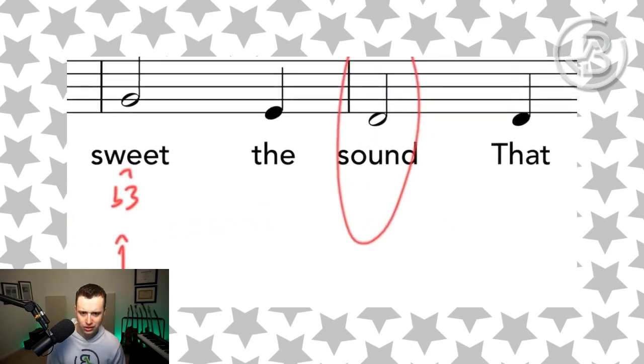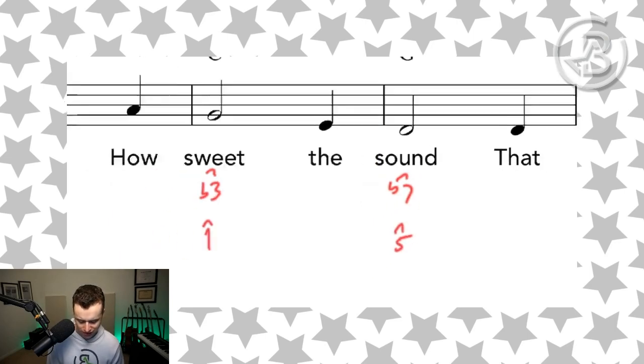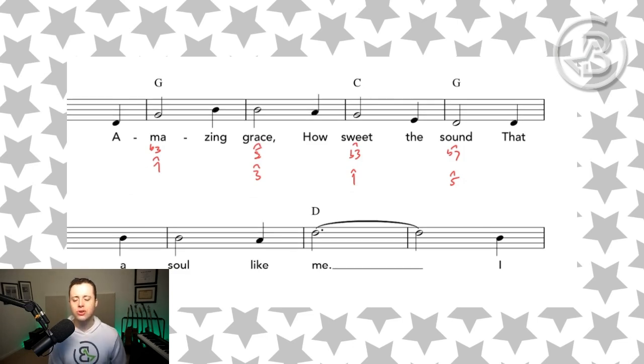Now, here's the real difference maker: this one right here would be flat 7 for E minor, but it would actually be 5 for G major. And as we know from our common notes, flat 7 is not one of our common notes, but 5 is. So technically, we do have one more common note.